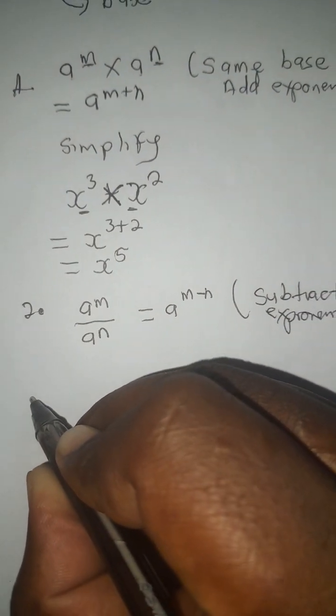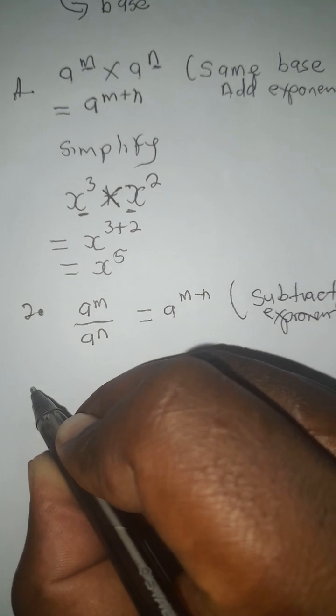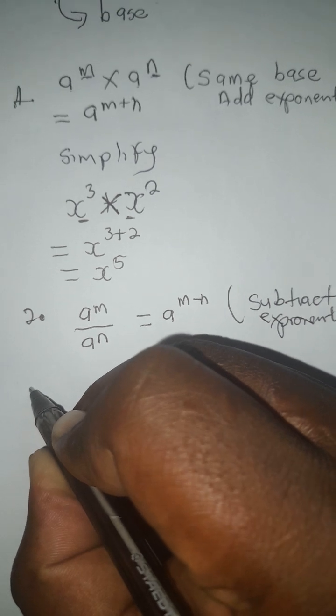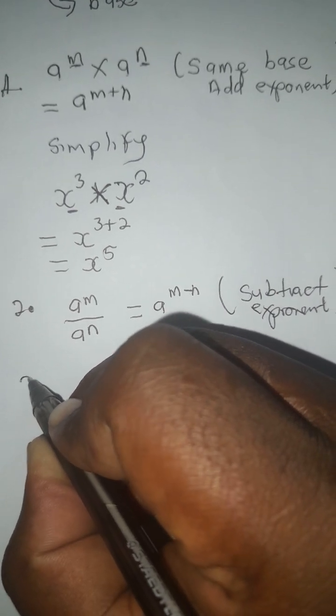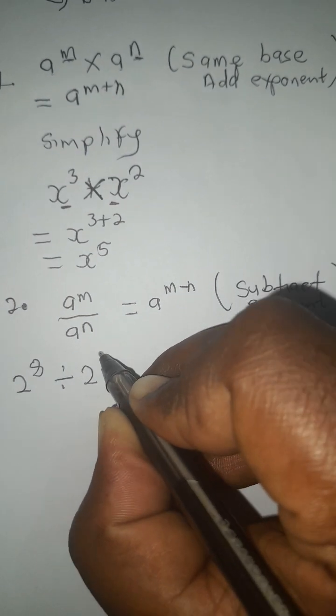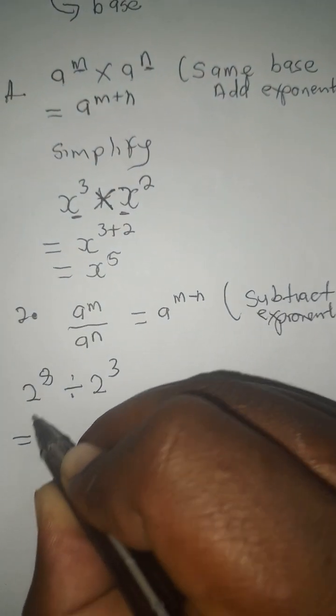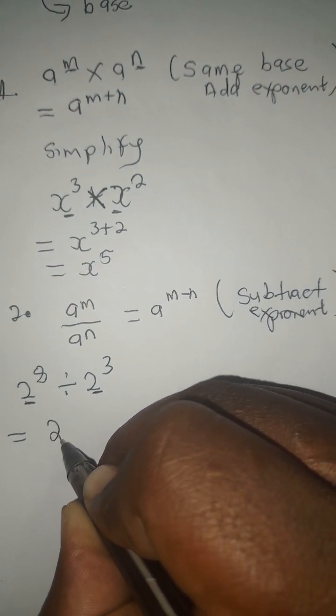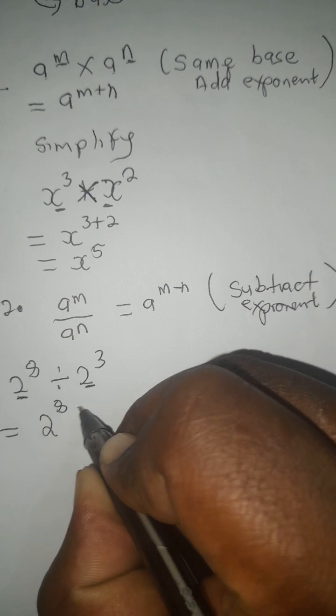So, all right. Sometimes an example will be, they will say simplify, probably let's say they give you 2 to the power of 8 divided by 2 to the power of 3. What will you do? Because the bases are the same, you take 2 here, then you subtract the exponent.